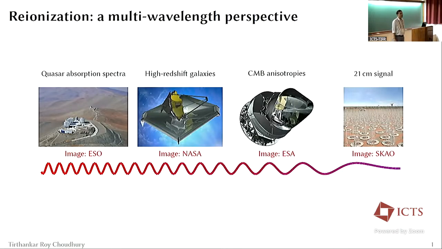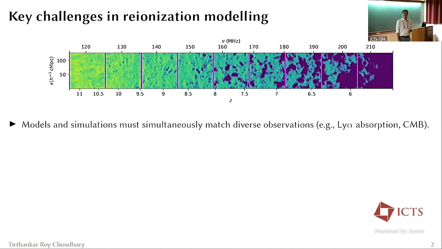We now have access to a wide variety of telescopes operating at different wavebands, from NIR, UV, optical to microwave, that's the CMB, to the 21 centimeter signal eventually, which we want to detect, that's the ultimate low frequency probe. And this leads to serious challenges in trying to model this process.